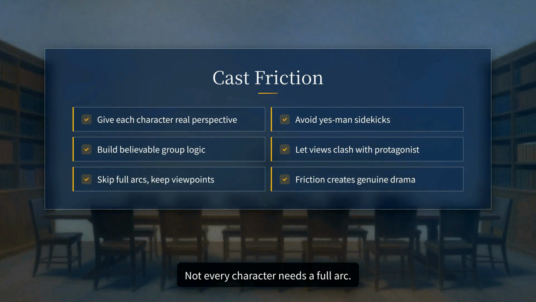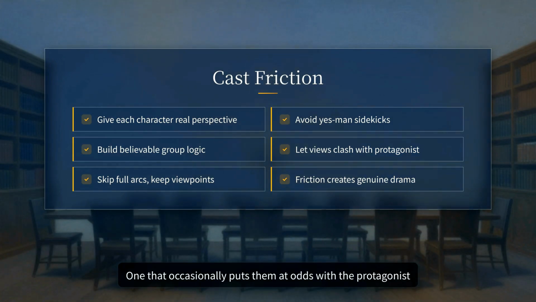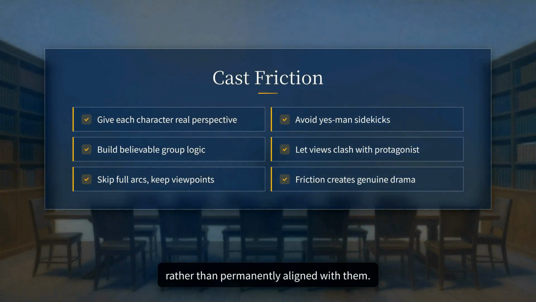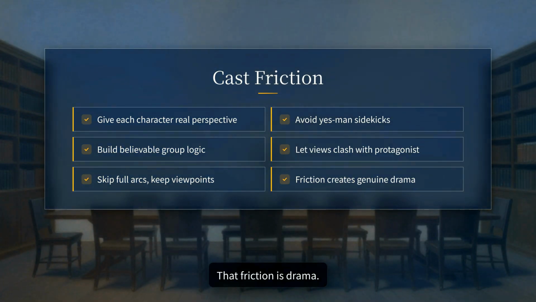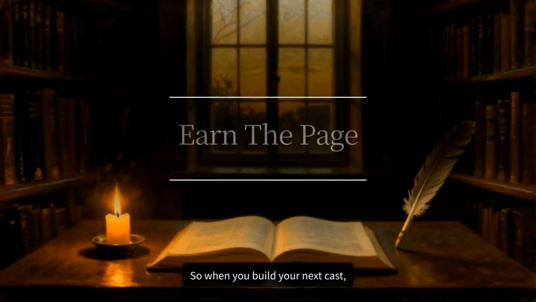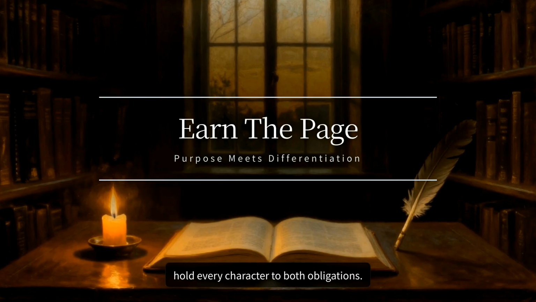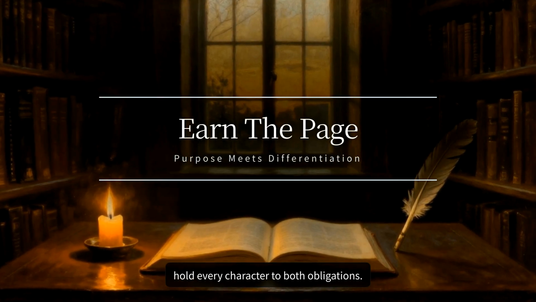Not every character needs a full arc, but every character needs a point of view that is genuinely their own, one that occasionally puts them at odds with the protagonist rather than permanently aligned with them. That friction is not a problem. That friction is drama.